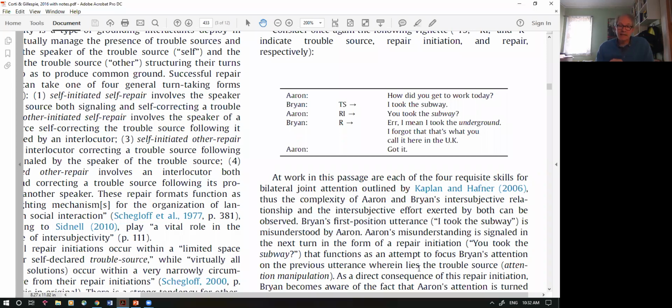So it makes sense to analyze repair as connected to some adjacency pair, but I just wouldn't call it an adjacency pair. Don't mix it up with something like an adjacency pair. I hope that answers the question.